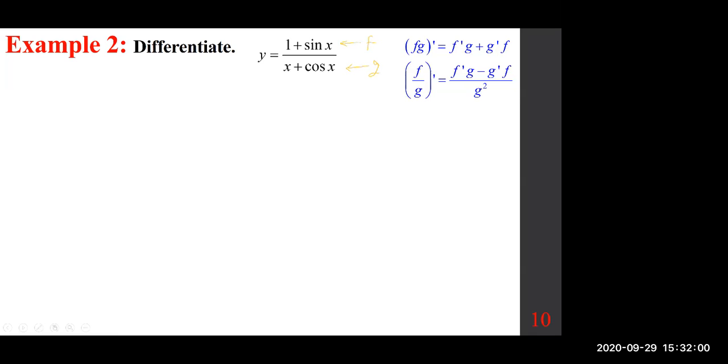So according to the formula that we have, by now I hope you have learned the quotient rule. F prime, that means the derivative of the top, 1 plus sine x simply gives us cosine x times g, the bottom. Minus g prime, the derivative of the bottom, is 1 minus sine x times the top, which is 1 plus sine x. The top is over the bottom, just write it just the way it is in the parentheses, squared.